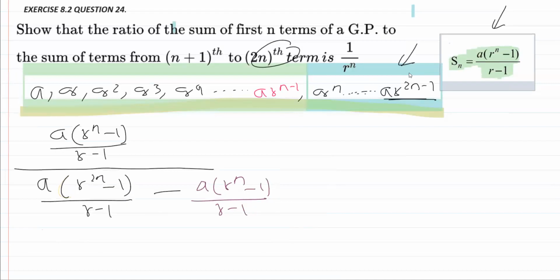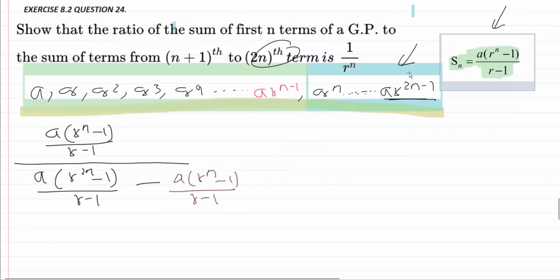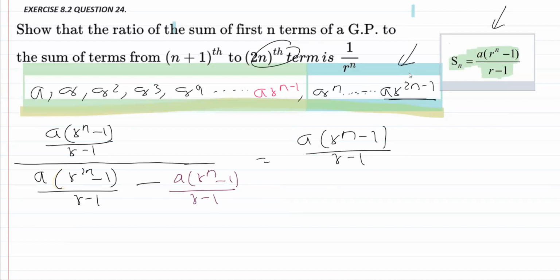As you can see in the new denominator, we can take something common. I can see we have a over r minus 1 as common, so we'll take it out. Inside we'll be left with r raised to the power 2n minus 1 minus r raised to the power n minus 1.